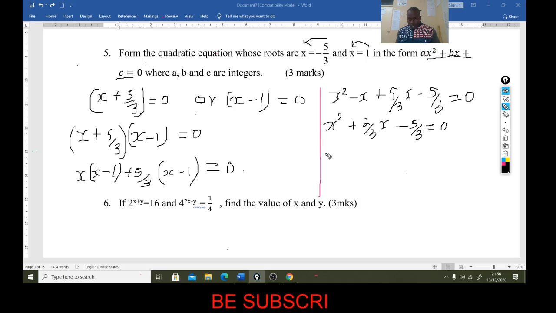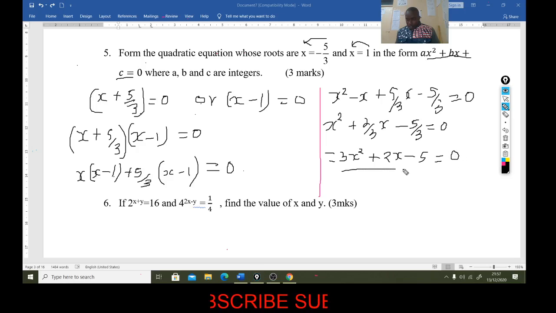If I multiply by 3, it gives 3x squared. Remember, I've multiplied by 3 and 3 cancels, it remains with plus 2x. Then you multiply by 3, minus 5. You multiply 0 by 3, it gives you 0.